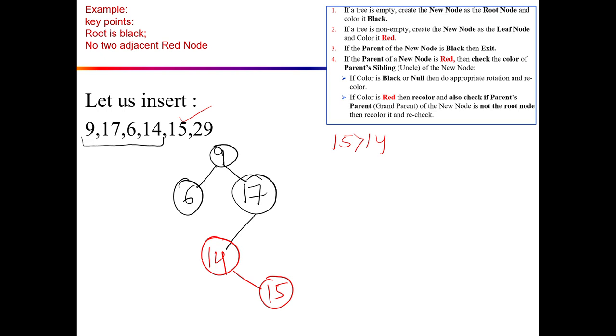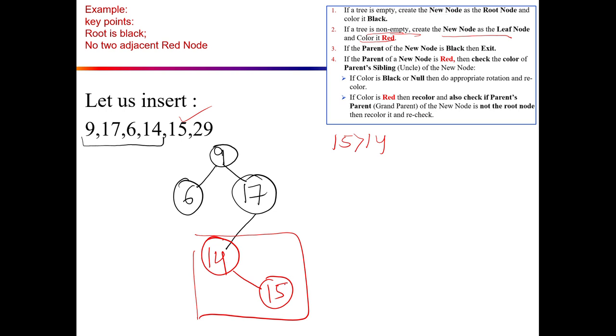So the moment we insert 15, we will color it as red. Why? Because the tree is non-empty, and whenever a tree is non-empty, the newly inserted node will be inserted as a leaf node and we will have to color it as red.